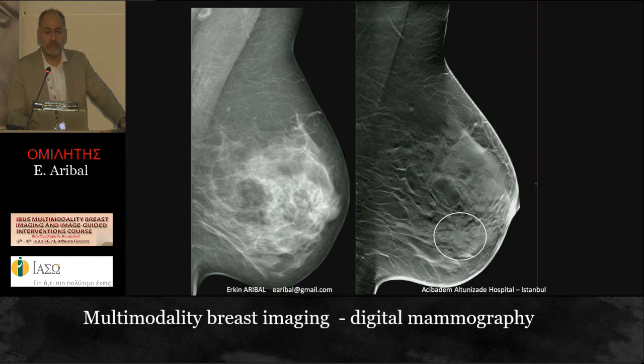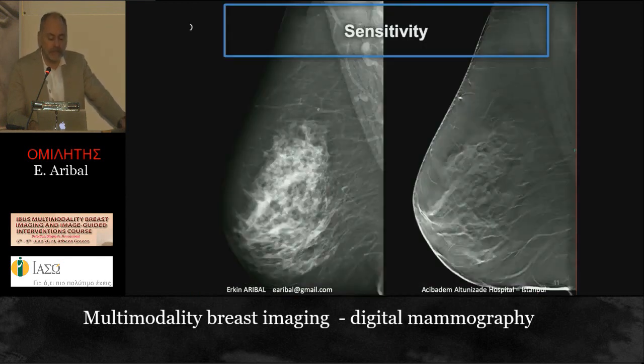It's a 2 centimeter spiculated mass that we see nothing of on the MLO 2D view. So tomosynthesis helps us a lot with the sensitivity of screening in dense breast. Here you see nothing, but on the other hand, the tomosynthesis view shows you a very small spiculated mass.